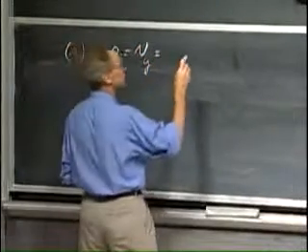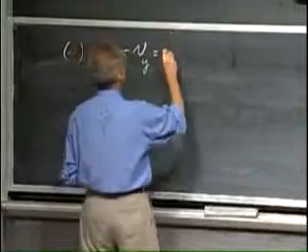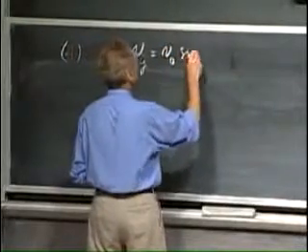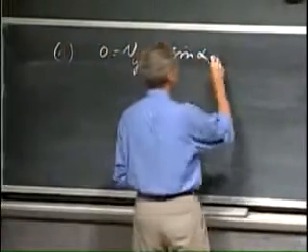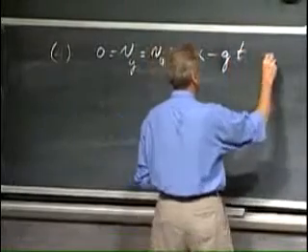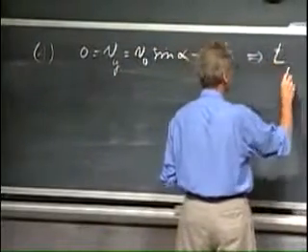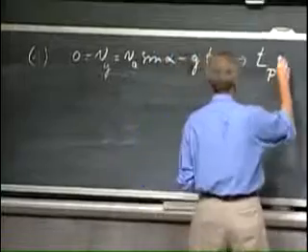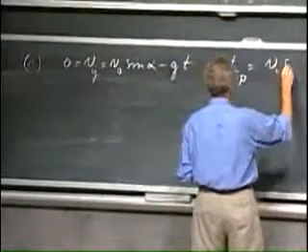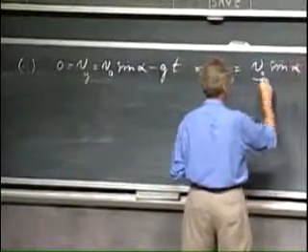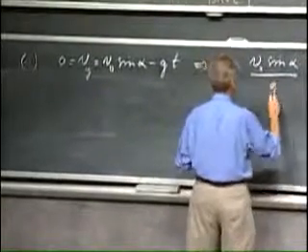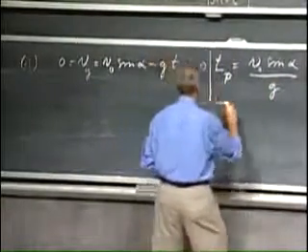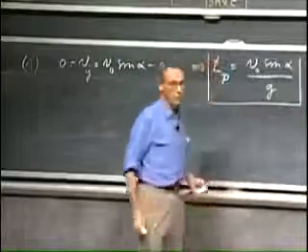And that then becomes v0y, which is v0 sine alpha, minus gt, and out pops that t at point P is going to be v0 sine alpha divided by g. So that's the time that it takes for the object to reach the highest point.